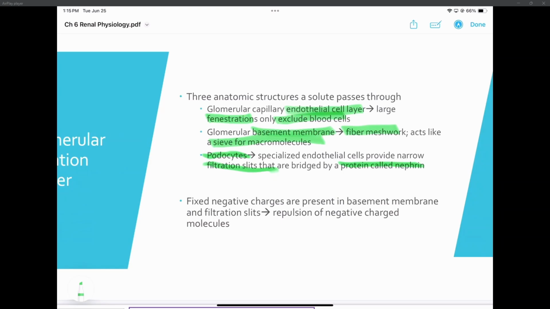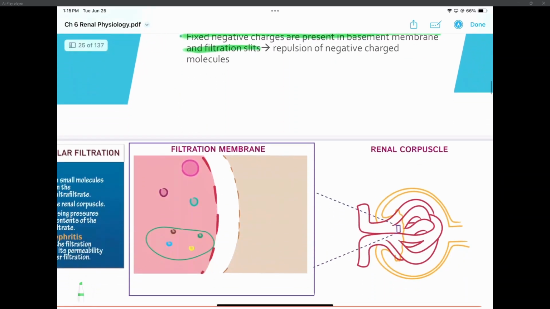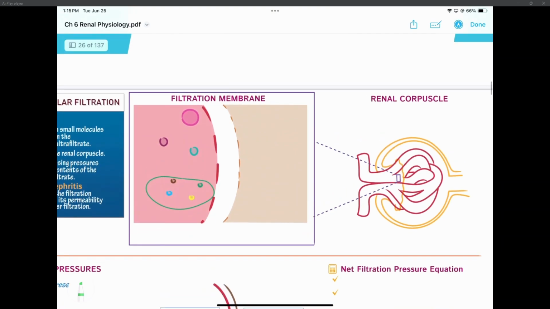And again, negative charges are present in the basement membrane and in the slits. So any negatively charged molecule will not get through. Okay, so let's take this out in little areas. This is just this part of the membrane blown up as we look at what can get through and what can't.